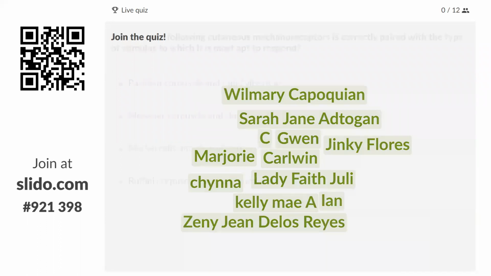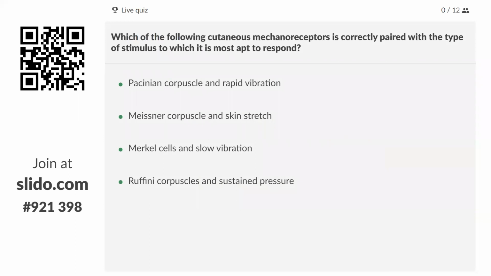So here we go. Which of the following cutaneous mechanoreceptors is correctly paired with the type of stimulus to which it is most apt to respond? So alin dito yung tamang sagot?